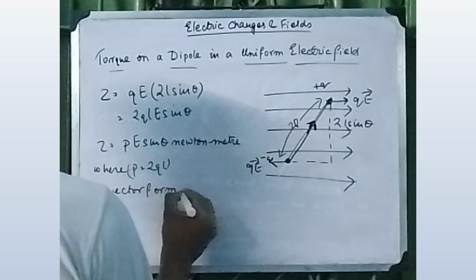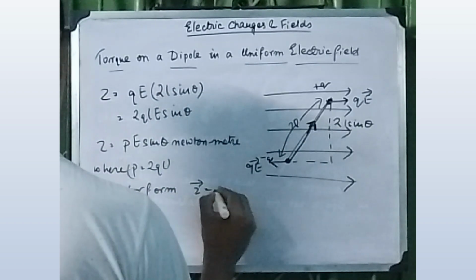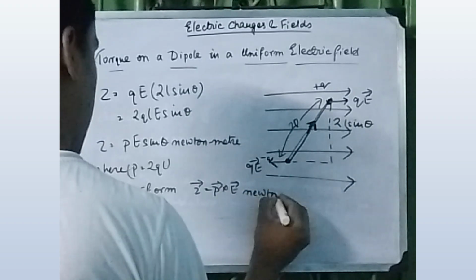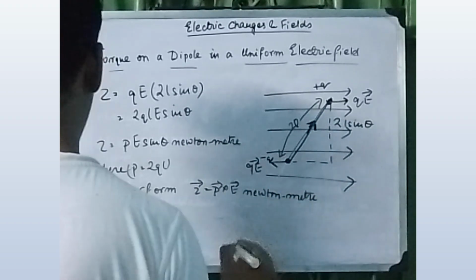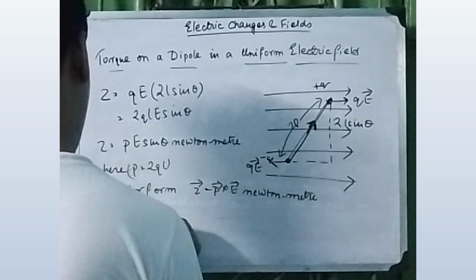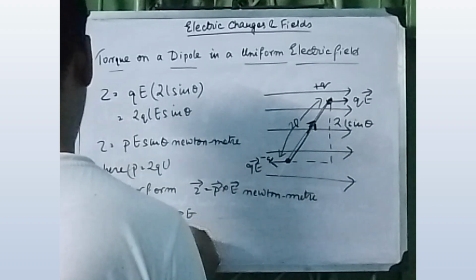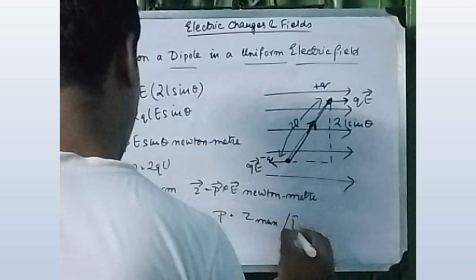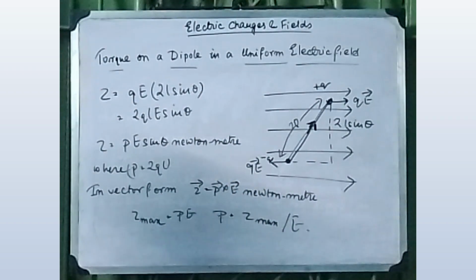In vector notation we can write vector tau equals vector P cross vector E, Newton meter. And tau max equals PE, and P equals tau max by E.